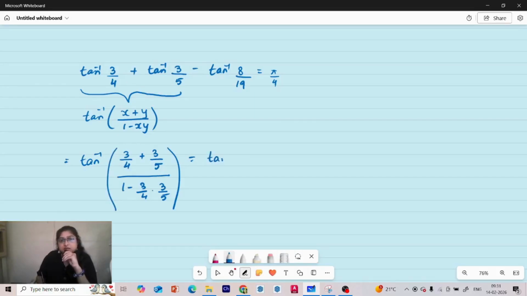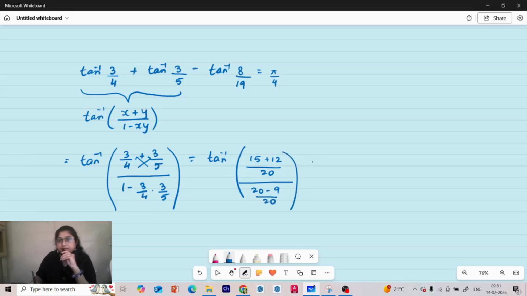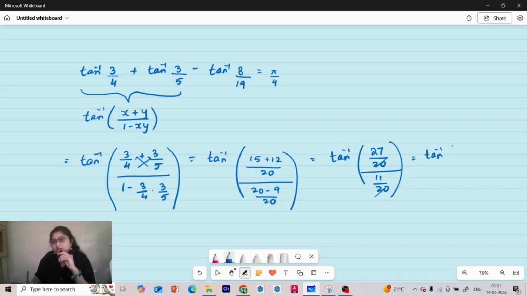So that's equal to tan inverse, let's take the LCM on top. So that will become 15 plus 12 by 20, whole divided by 20 minus 9 by 20. So what is that? Tan inverse of 27 by 20 whole divided by 11 by 20. The 20s cancel and we have tan inverse of 27 by 11.